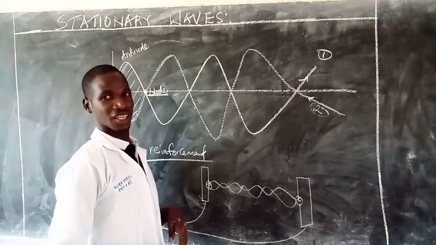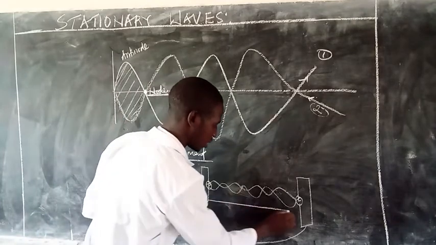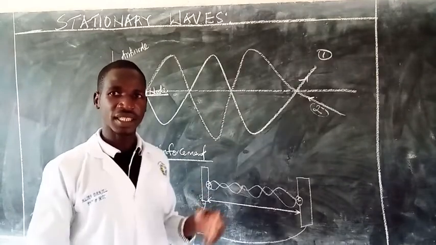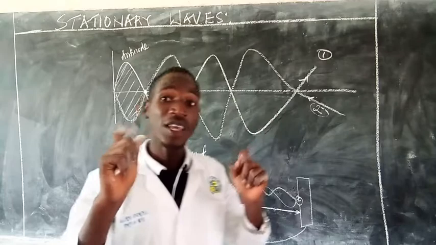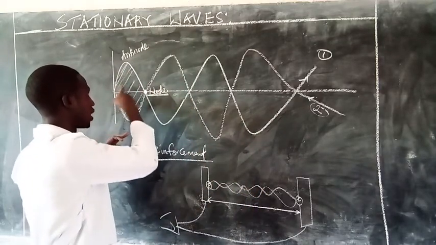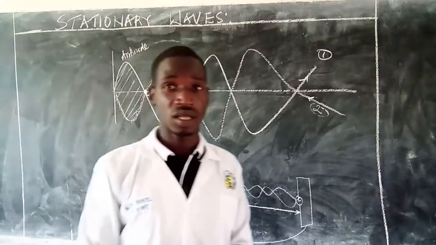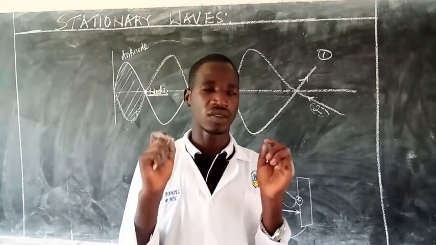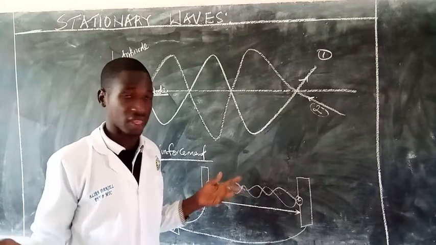Now eventually, if you walk between these two loudspeakers along the line joining them, you will realize that at a particular point you will hear a very loud sound. Where you hear a very loud sound, that's where an antinode has been formed. Then as you also walk along the path, you will realize that there is a point where there is a very low sound or even completely nothing.